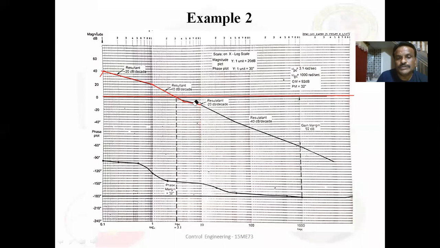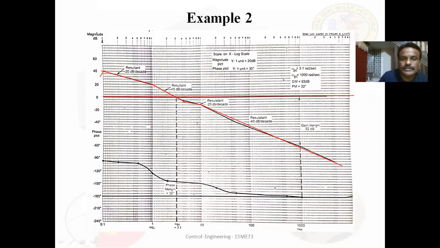Then join from this point to this point and extend it till infinity. This is the resultant magnitude.